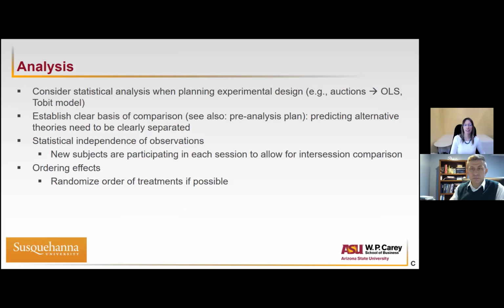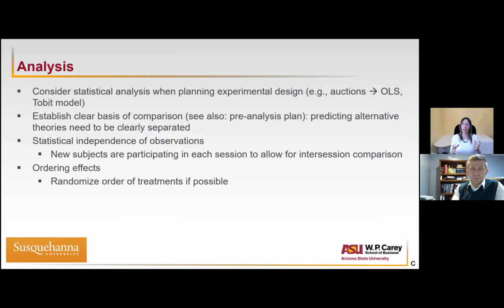And another one is ordering effects. When you have a study where you introduce information, your design is such that you cannot have the second round before the first, because once you have introduced the information, they have the information. However, if there's no case like that, randomize the order of your treatments, because there could be an ordering effect simply in how things are structured.